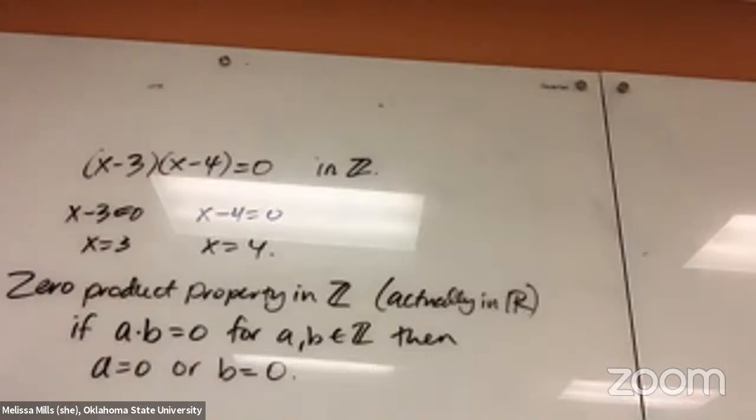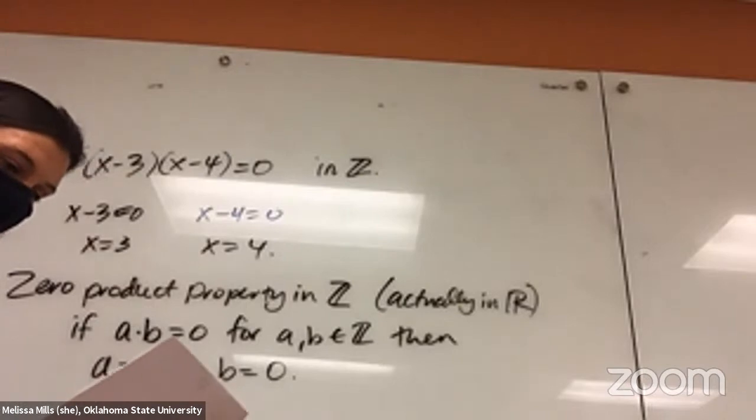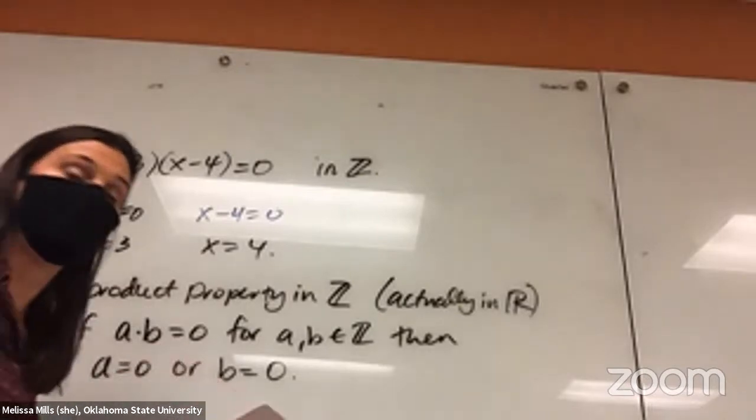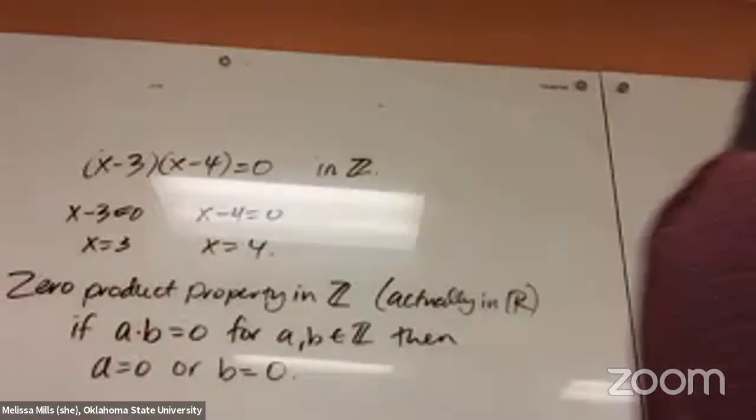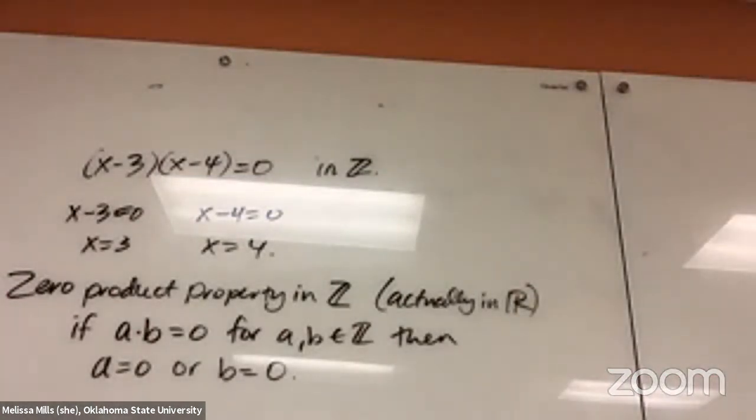So let's talk about the same equation in Z mod 5. We have x minus 3 times x minus 4 equals 0, and we're in Z mod 5. There are only 5 elements in Z mod 5. Plug in every element and see which ones work and which ones don't.